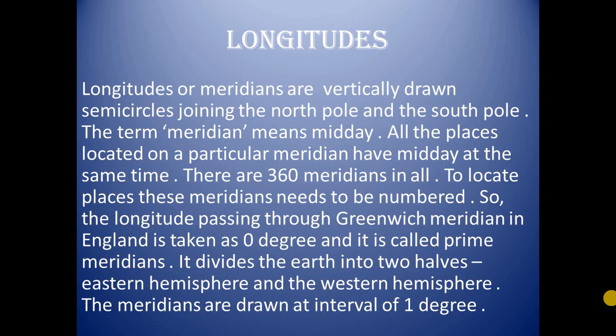So, the longitude passing through Greenwich in England is taken as 0 degree and it is called the prime meridian. It divides the Earth into two equal halves, the eastern hemisphere and the western hemisphere. The meridians are drawn at an interval of 1 degree.